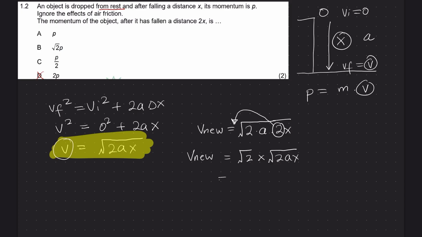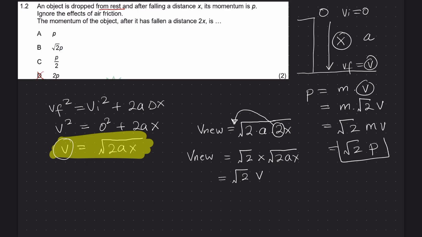So the new velocity is going to be the square root of 2 times v. So that means the momentum will be m times the square root of 2 v, which is the square root of 2mv, so we can just say the square root of 2p. So in this case, the answer is B.